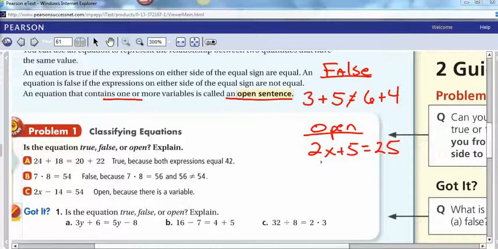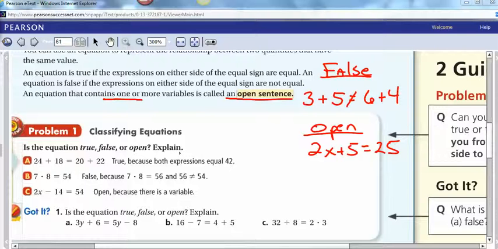It's got one or more variables in it, so it's open. Questions?